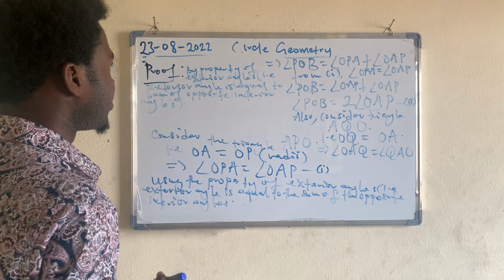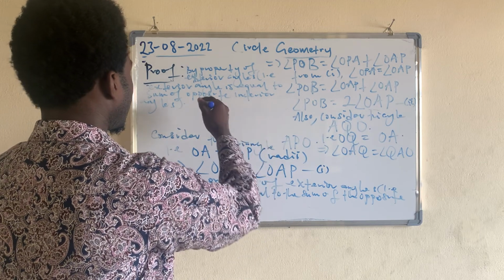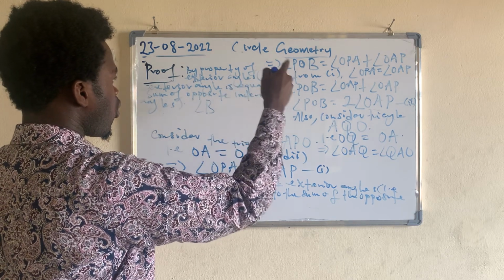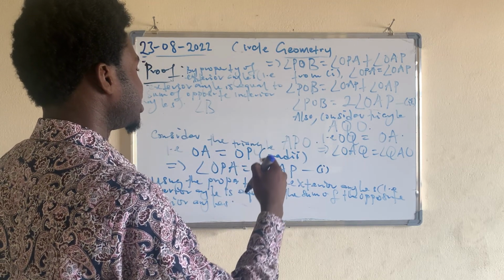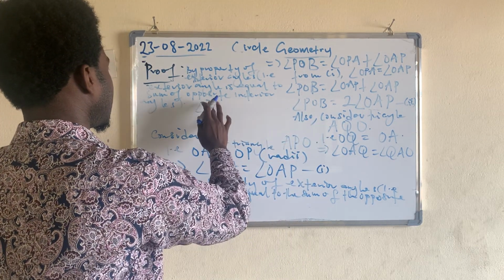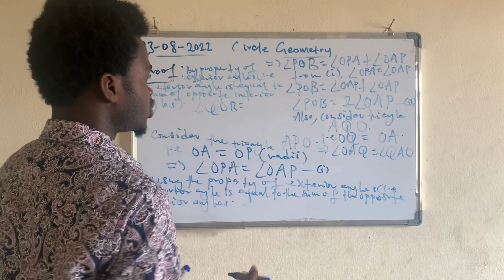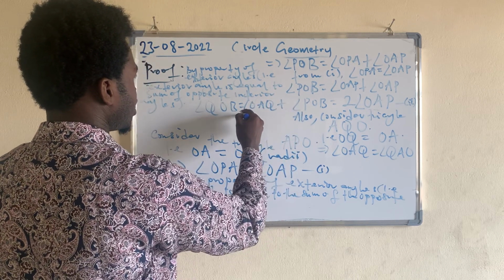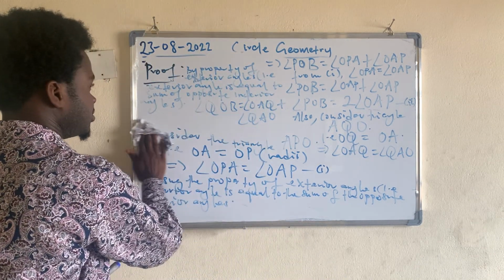So it implies that angle BOQ, or angle QOB, whichever way, must be equal to the sum of angle OAQ plus angle QAO.